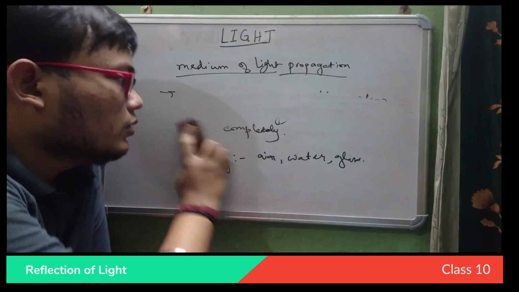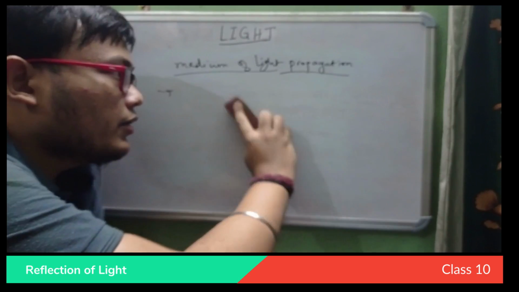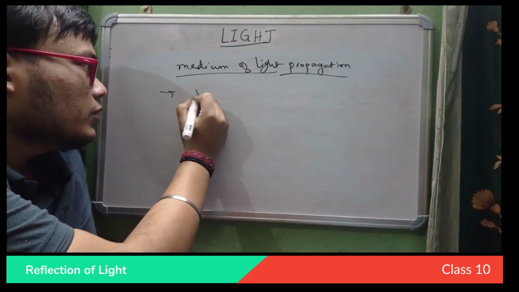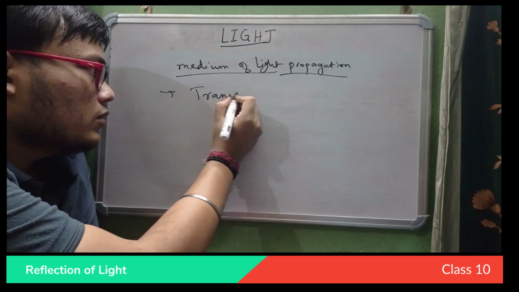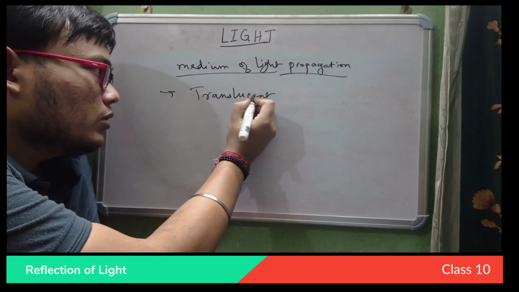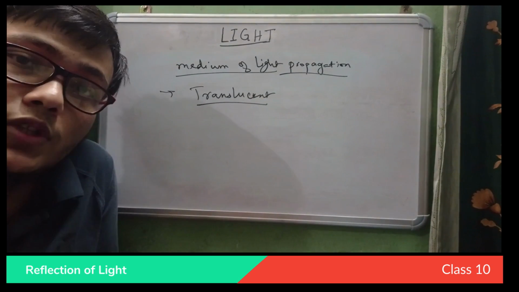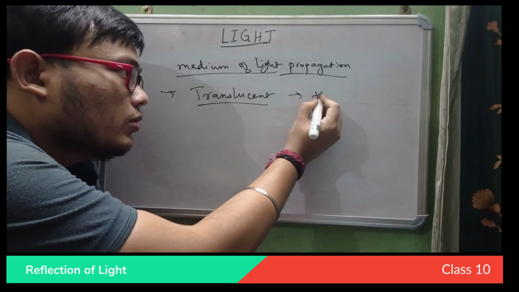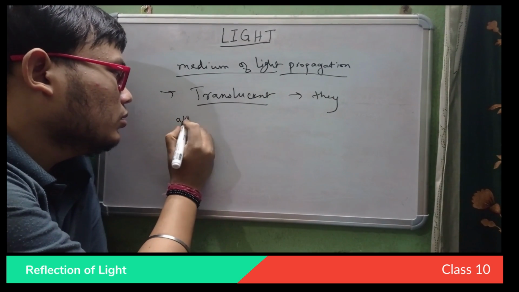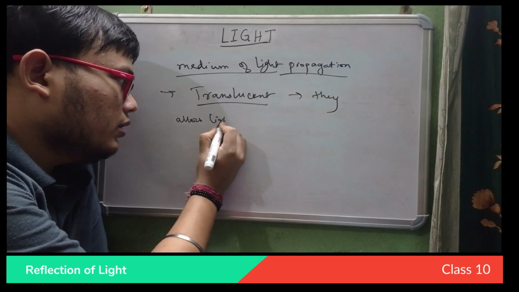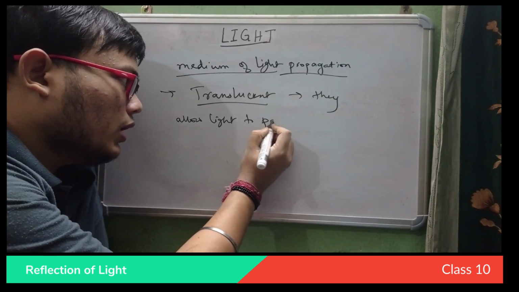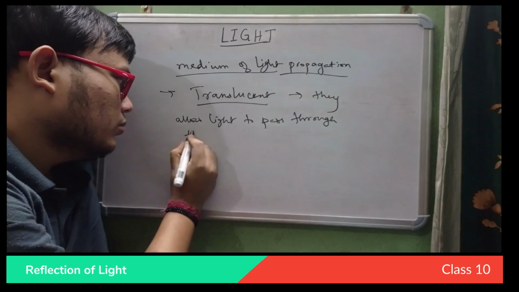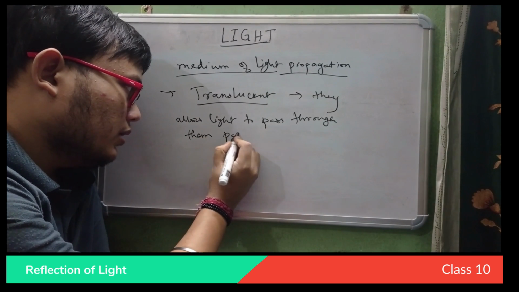Next comes the translucent medium. These objects allow light to pass through them partially.